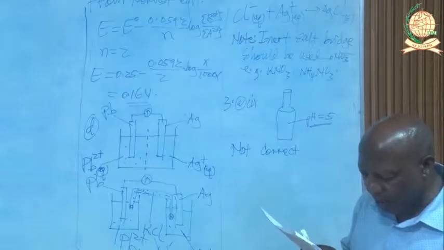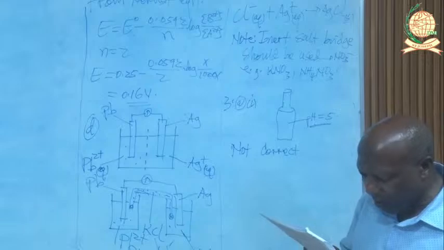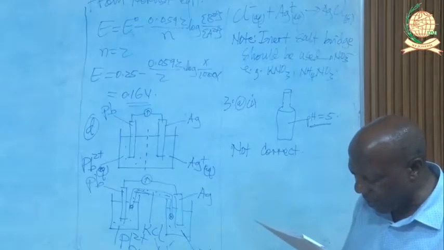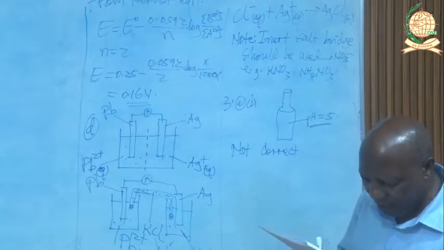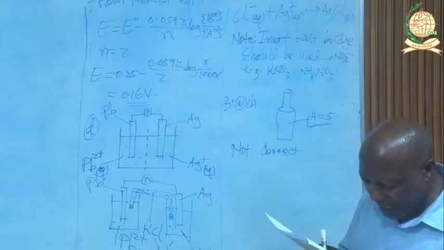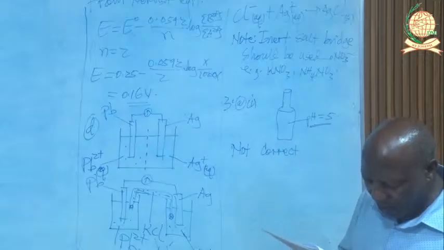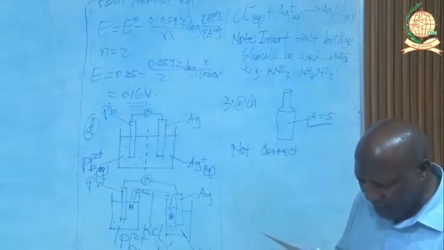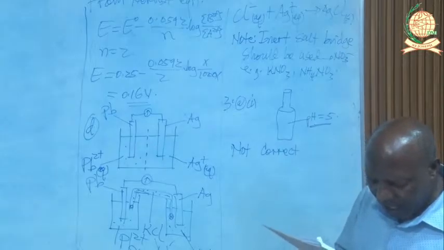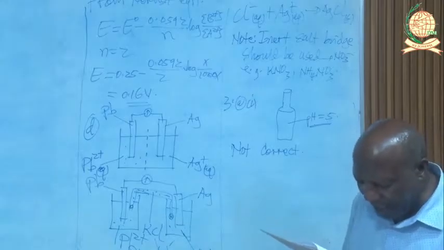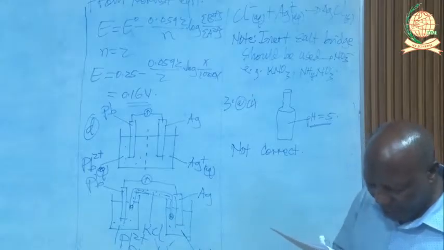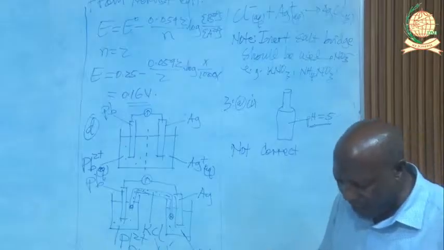Now question number 3b. Like all equilibrium constants, the ionic product of water changes its value as the temperature changes. At 298 Kelvin, Kw is 1 times 10 power negative 14. At 338 Kelvin, its value changes to Kw is equal to 2.92 times 10 power negative 14. Question 1: is dissociation of water into ions endothermic or exothermic?